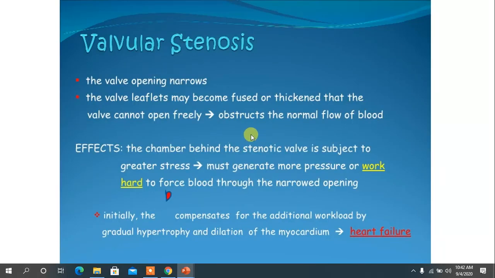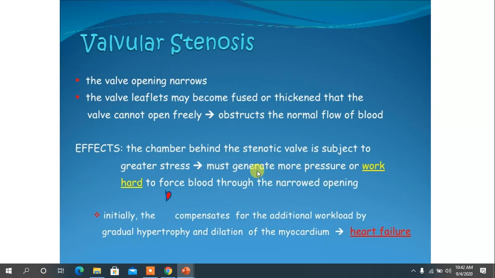First we see valvular stenosis, in which there is narrowing of the valve. Leaflets may become fused or thickened, so they cannot open freely and obstruct the normal flow of blood. The chamber behind the stenosed valve will be under great stress and will dilate.